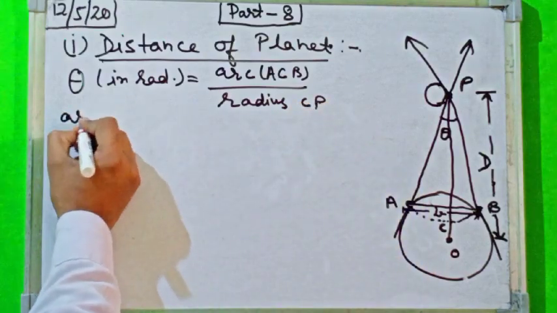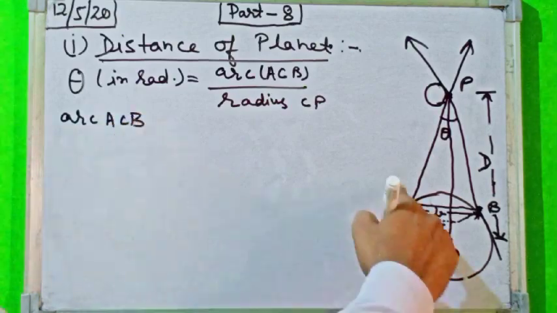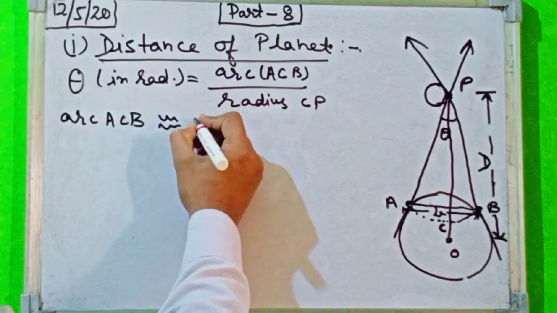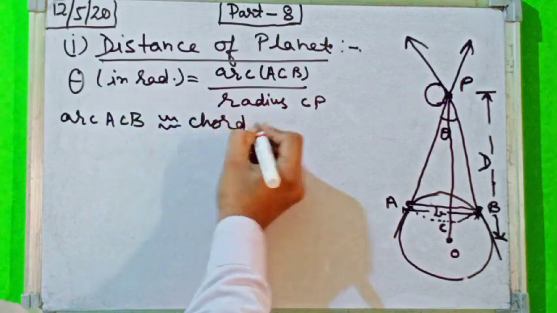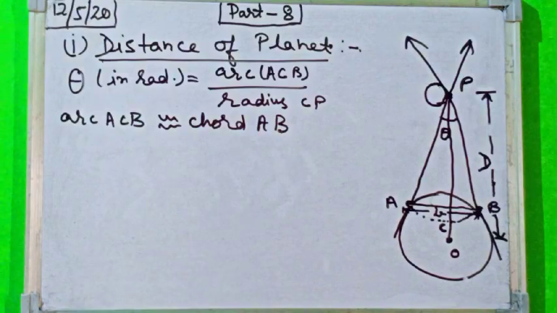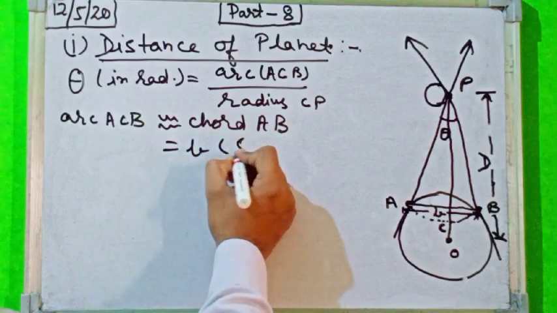Arc ACB, we had assumed that arc ACB is approximately equal to chord AB, and we will assume it as b.